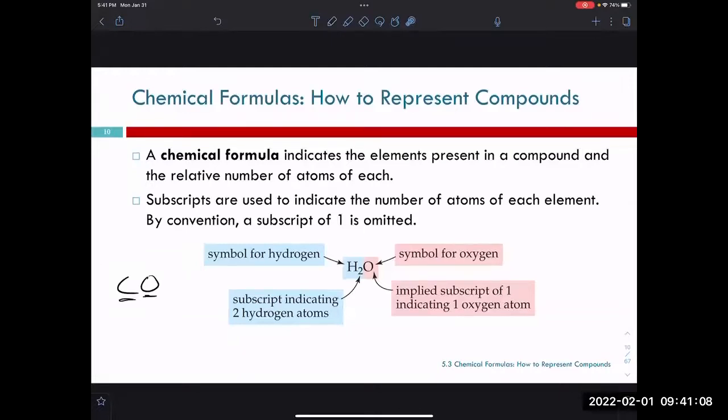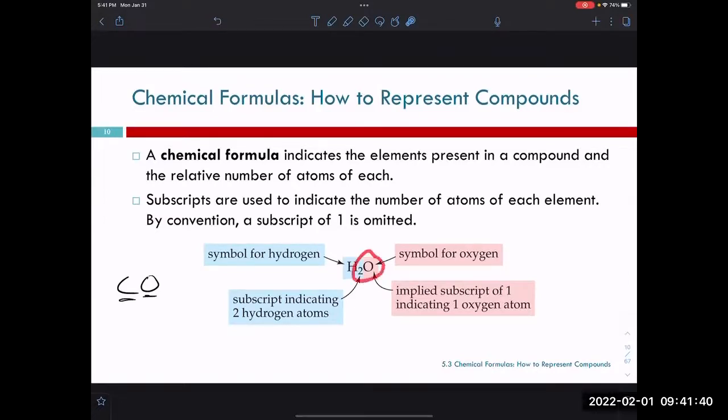If we have more than one thing, we can use subscripts, and it's very important to write these as subscripts. We can use those subscripts to indicate if there's more than one. So in water, we have 2 hydrogens. So it's H subscript 2 and O. And then always in chemistry, I think always in chemistry, if there's a 1, we just leave it off, it's implied, right?